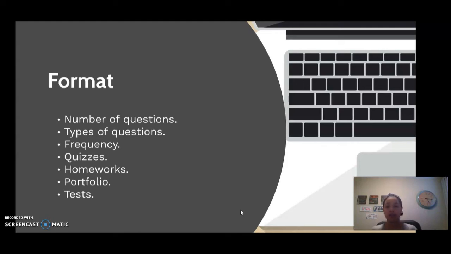So you have tests, portfolios, homeworks, quizzes, but you also have to keep in mind how often, right? Which is the frequency. How often should I set a homework, or how often should I deliver a test, and the number of questions, and according to the time.